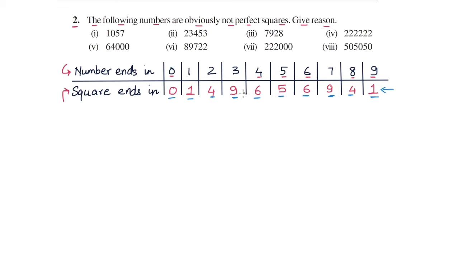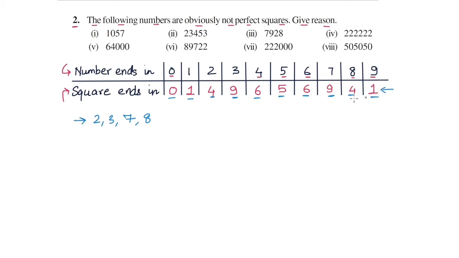Now if you properly see the second row of the table, some digits are missing from here. So we don't have 2, 3, 7 and 8. So a number ending in these digits 2, 3, 7, 8 can never be a perfect square.